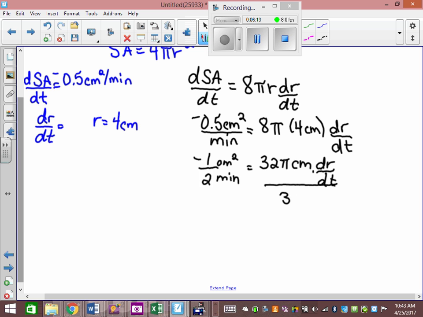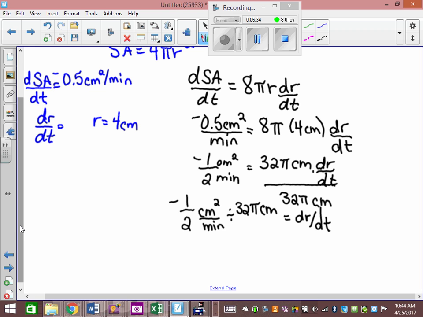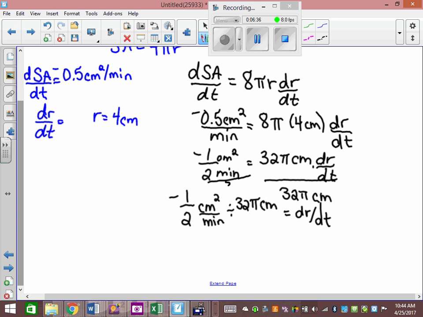Divide by 32 pi centimeters. Equals dr dt. You're technically dividing them both by 32.